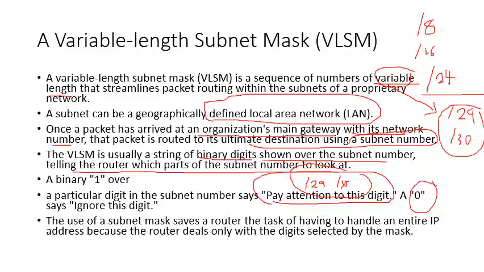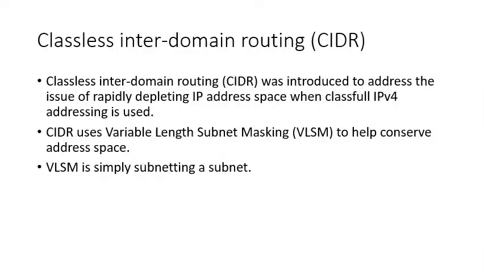Okay, /29 means it will be represented in the form of 1 1 1 1, in total 29 ones. The use of a subnet mask saves a router the task of having to handle the entire IP address, because the router deals only with the digits selected by the mask.